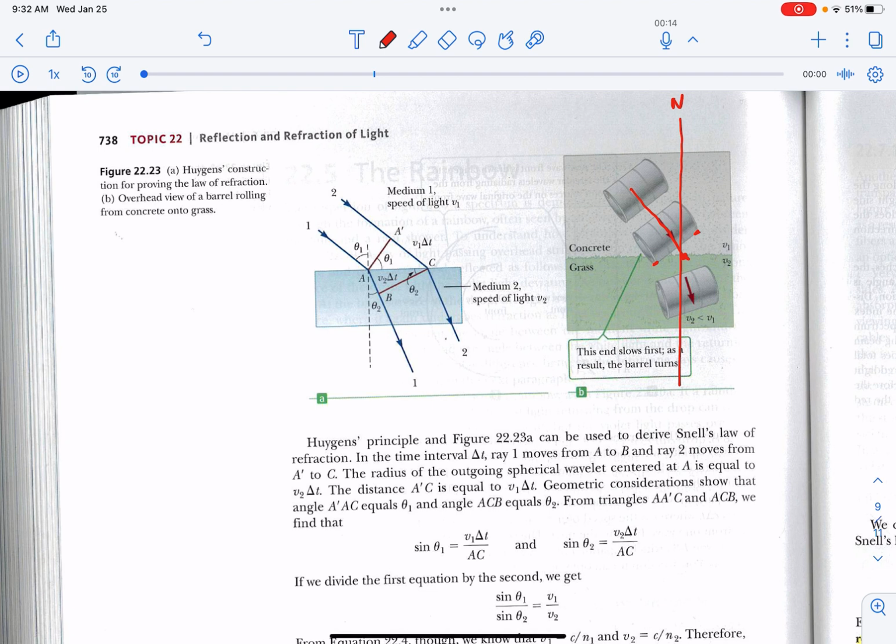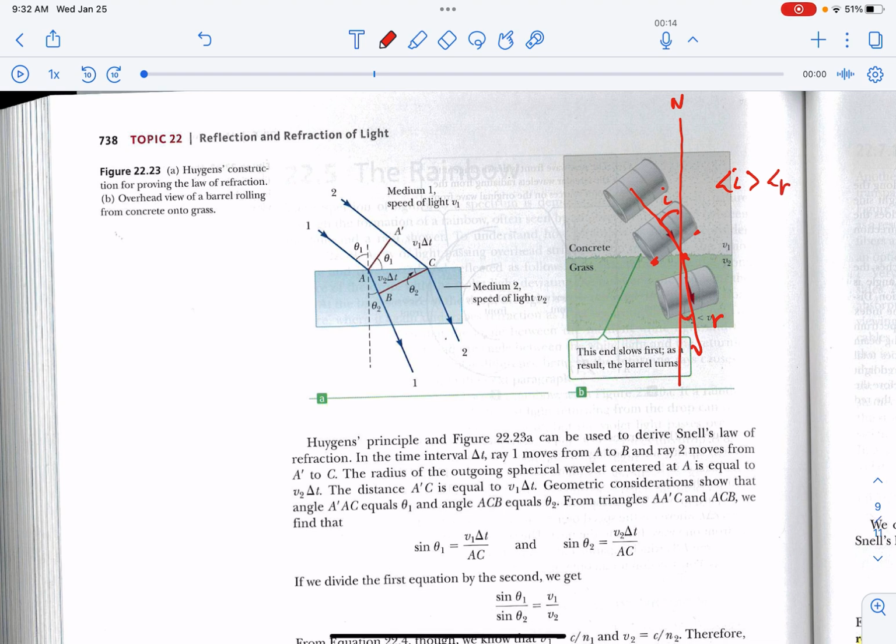So the leading edge is going to be slowed down before the trailing edge. Here's my incoming or incident angle. And here is my refracted angle. And you can see that my angle of incidence is greater than the angle of refraction.